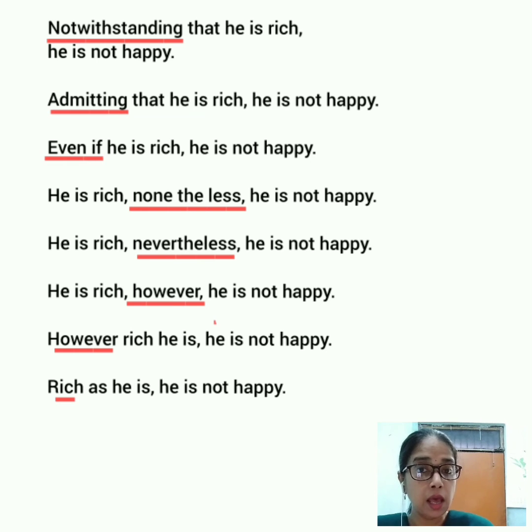Rich as he is. And then comma. And the second clause will be the same. He is not happy. So children, these are all the different ways of writing contrast sentences using different words and phrases. Be very careful and see that you write the sentences correctly.